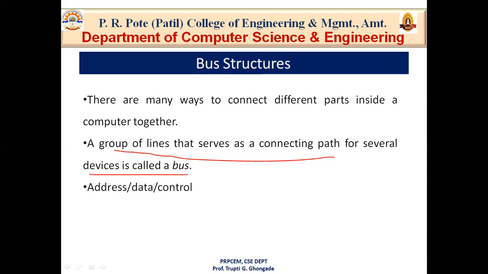Control lines regulate the activity on the bus, which is the function of your control unit. So control lines or control bus regulate the activity on the bus. The CPU sends signals on the control bus to enable the outputs of addressed memory devices or port devices. How the CPU sends control signals to enable the outputs of addressed memory devices or port devices, we will discuss in detail in microprogram and hardwired control.